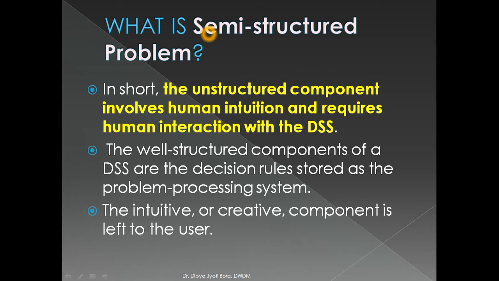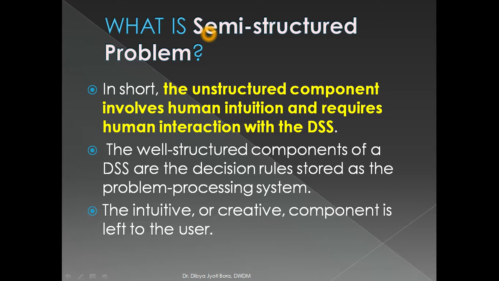The unstructured component involves human intuition and requires human interaction with the DSS, and the well-structured component of a DSS are the decision rules stored as a problem processing system. So two parts.